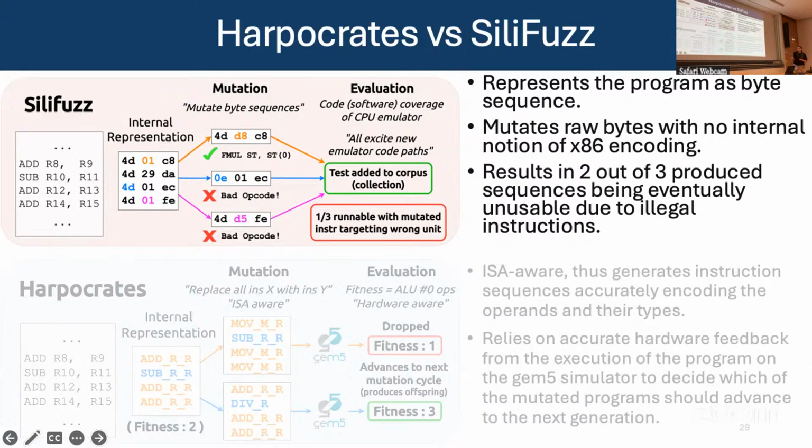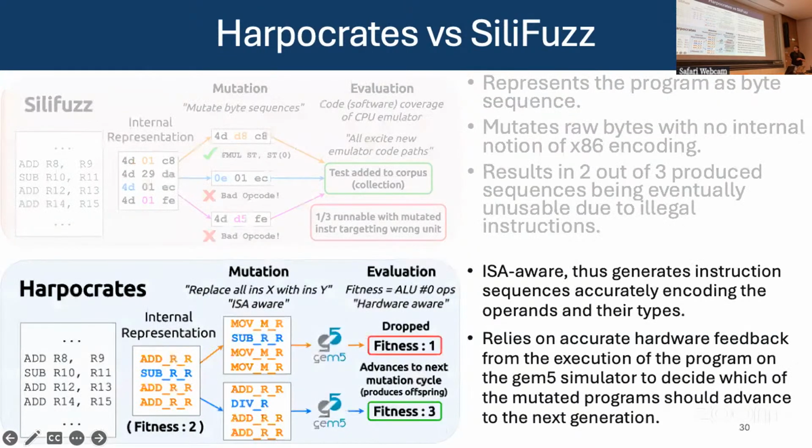First, we can see that CDFUS represents the program as a byte sequence, and it just mutates raw bytes with no internal notion of x86 encoding, and that results in 2 out of 3 produced sequences being invalid and eventually unusable. Initially, however, it adds them to test scores, but later disregards them as non-usable.